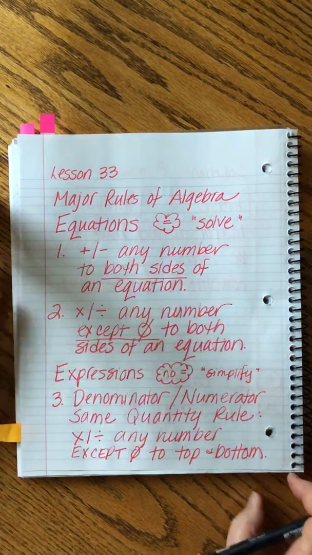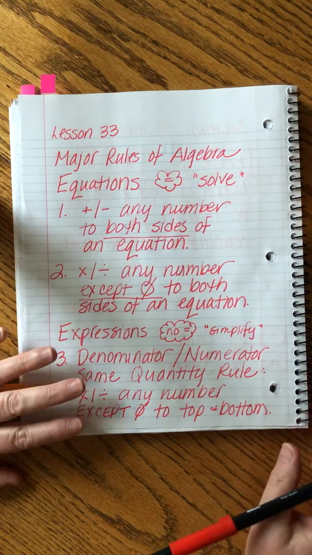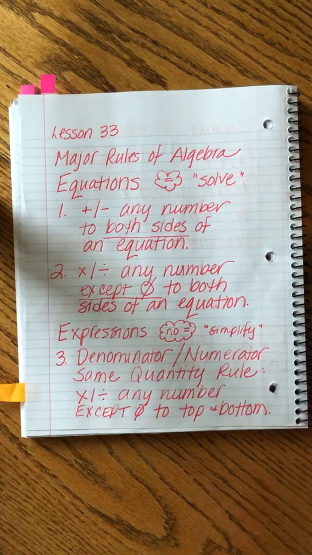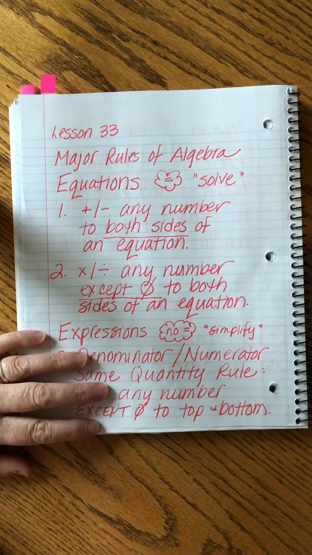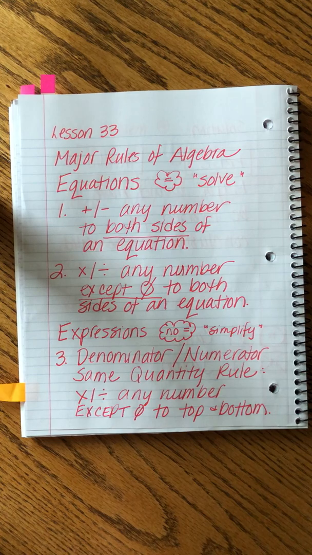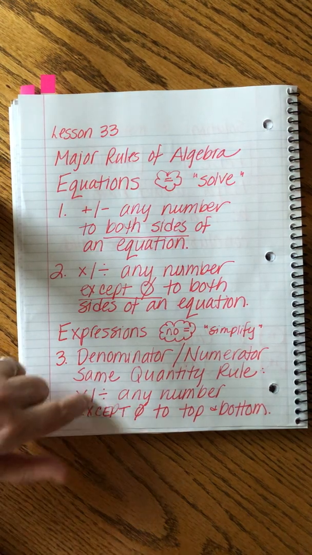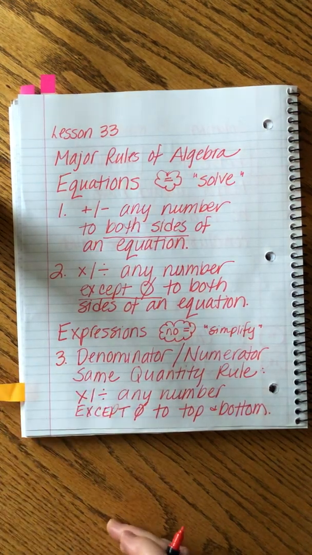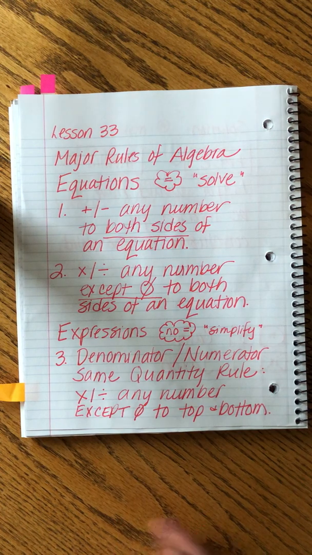I'm not going to write of a fraction because I ran out of space. This is the one we're going to use today, so you'll see it in a minute. But we do this all the time anyway, right? When we're adding fractions, sometimes we have to adjust to make the denominators match, and we multiply the bottom and the top by the same number. That's this rule. You've been doing it for years, and you didn't even know. How smart are you?